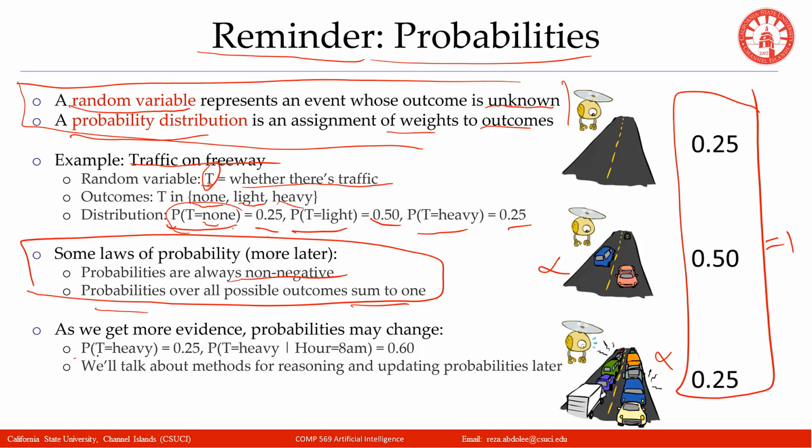For example, here the probability of heavy traffic is 0.25. But the probability of having heavy traffic on the condition that we are looking at the traffic at 8 a.m. is going to be 0.60. So this one is a conditional probability, and as you can see, the probability increased. And we might have some other conditional probability where the probability could decrease.